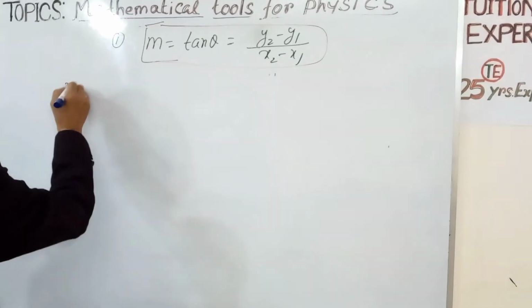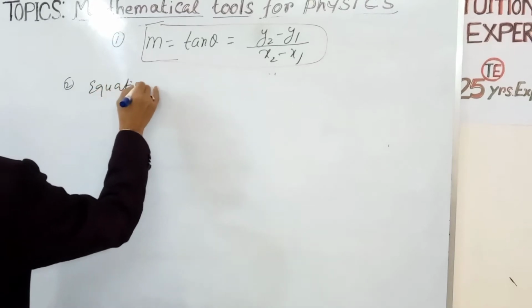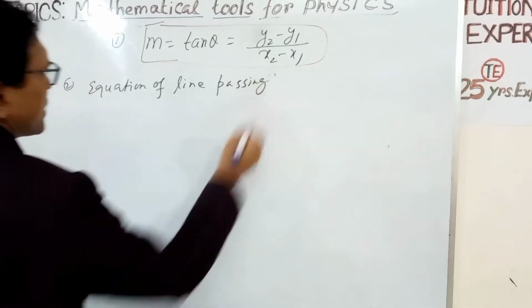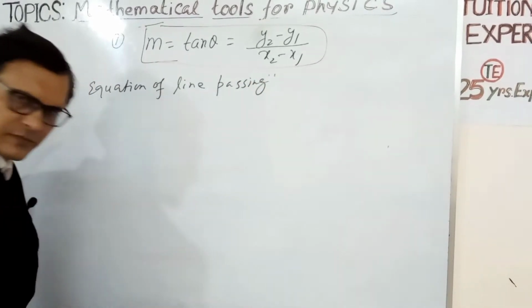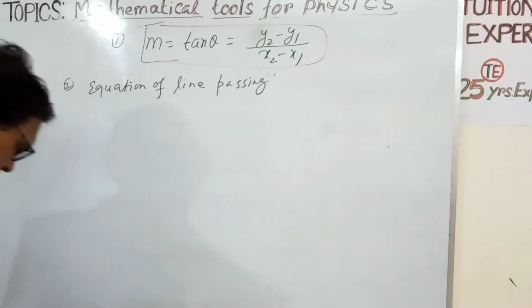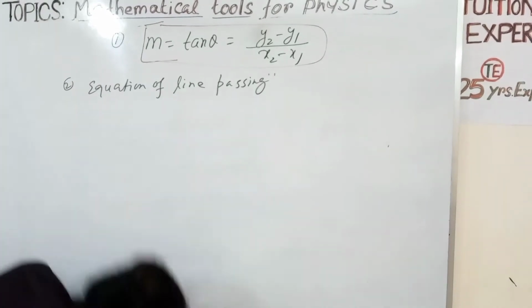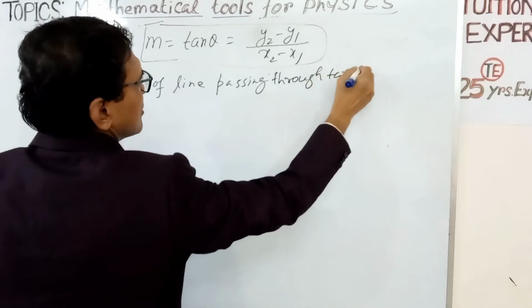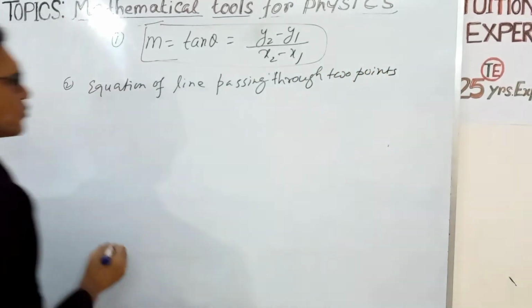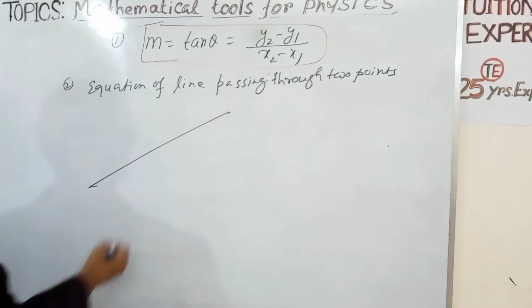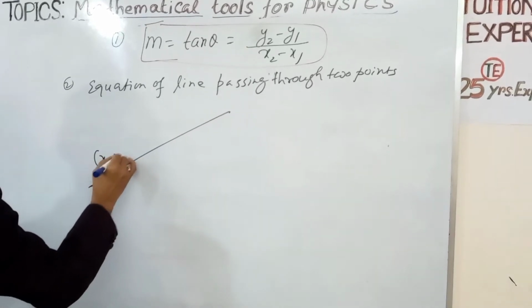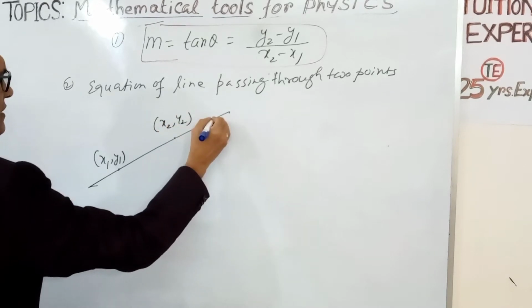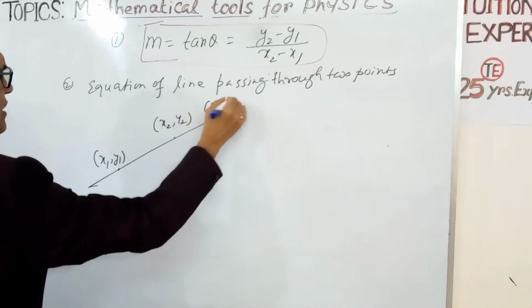Second, the equation of a line passing through 2 points. Suppose this is a line, 2 points are given, and a variable point is x y.